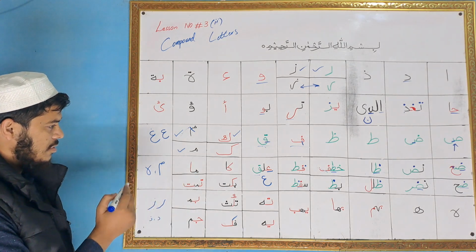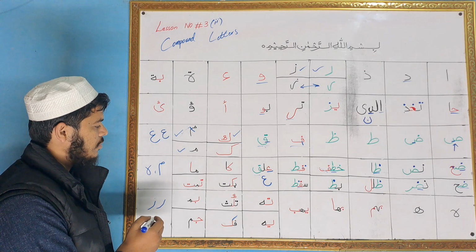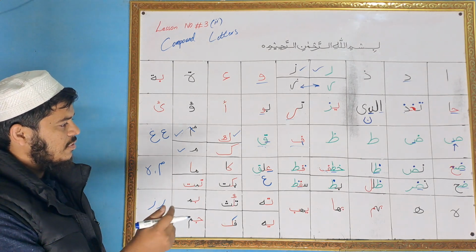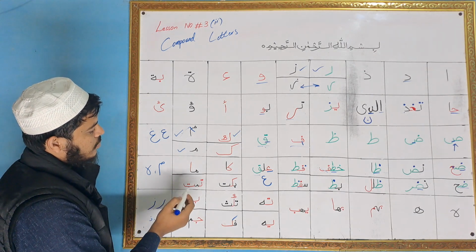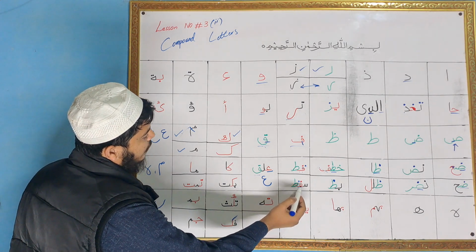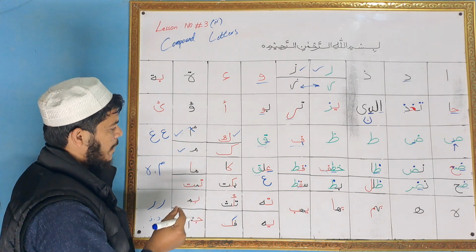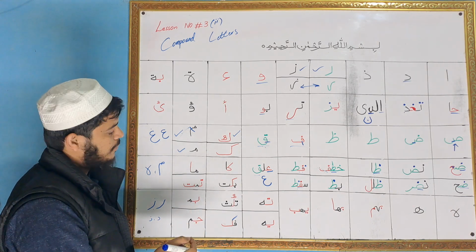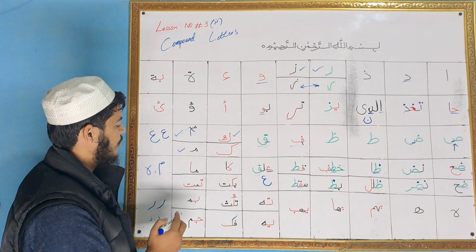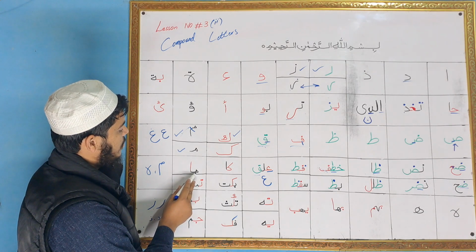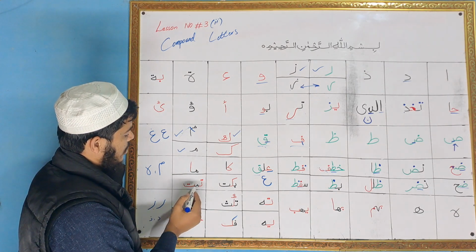It is this rounded form, kind of. It's not actually rounded like Fa or Qaf. It is a little bit more egg shape in a smaller form. So this one is Mim, Alif.